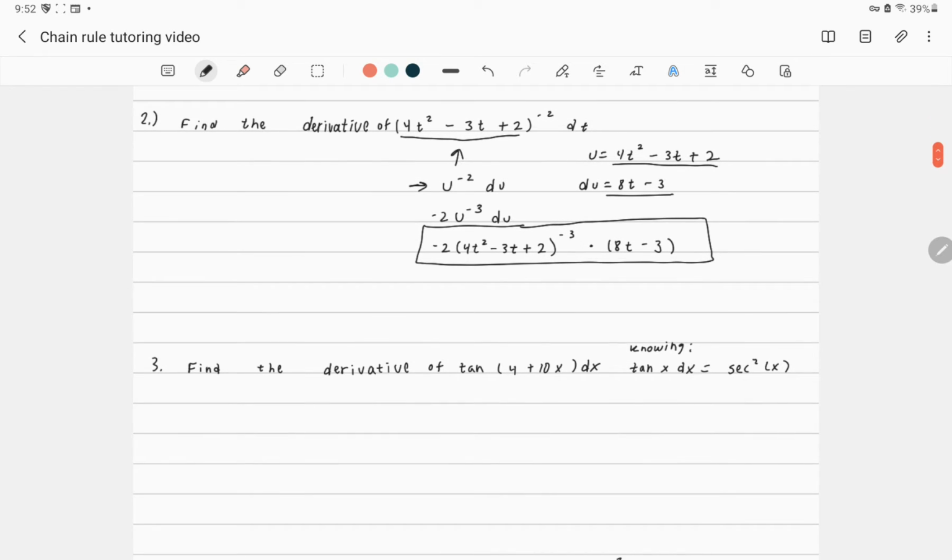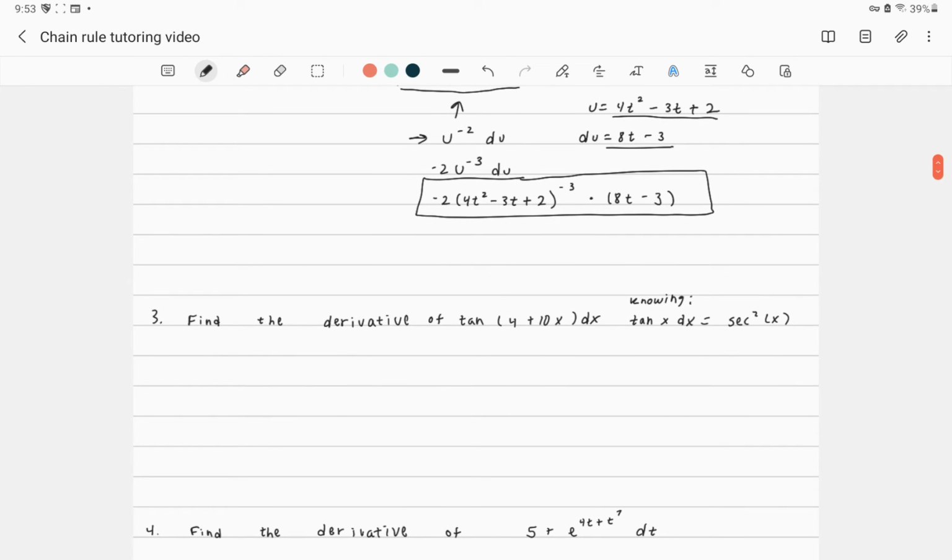Okay, so this next problem we'll be using the concepts of trig functions, obviously. So knowing that the derivative of tangent becomes secant squared x, we're going to be using that.